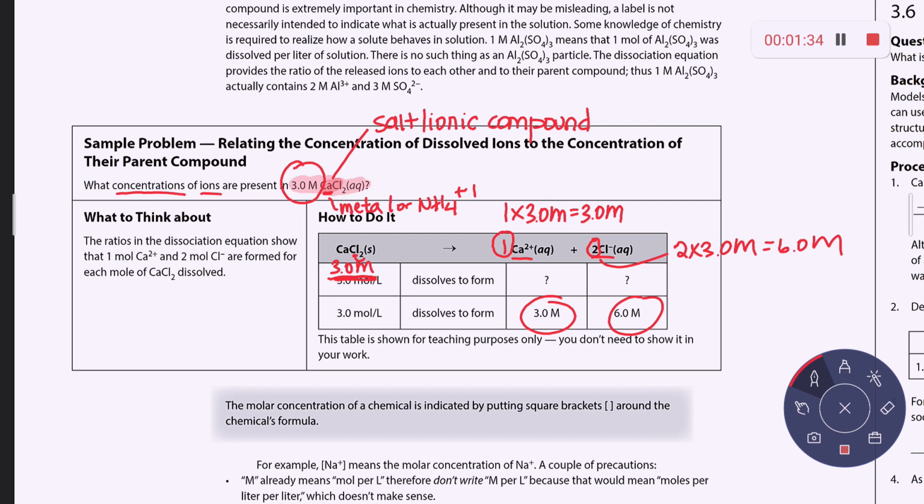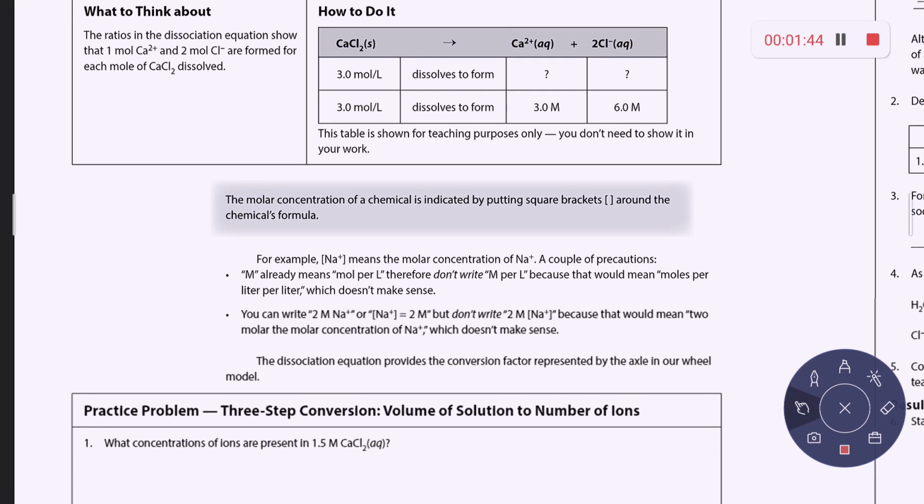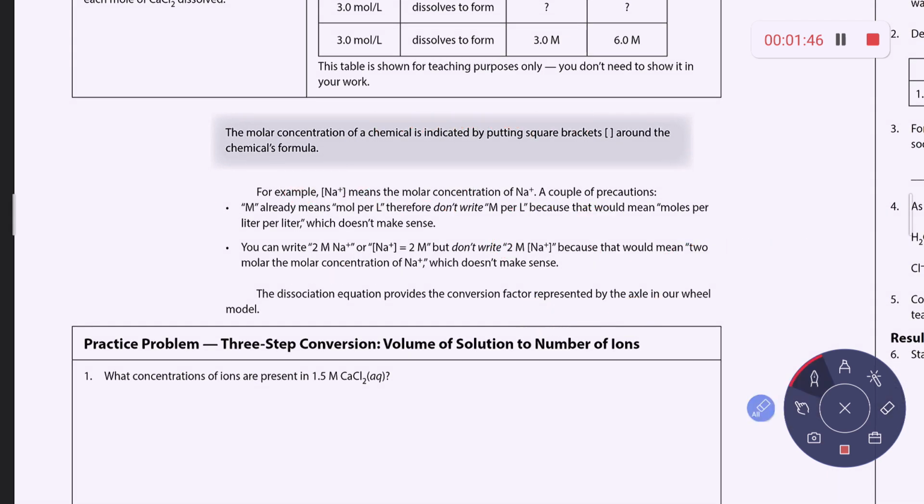Okay? Now, you might see an abbreviation around, or brackets around the ions. What does that mean? Sometimes concentration or molarity is indicated by square brackets around a chemical's formula.